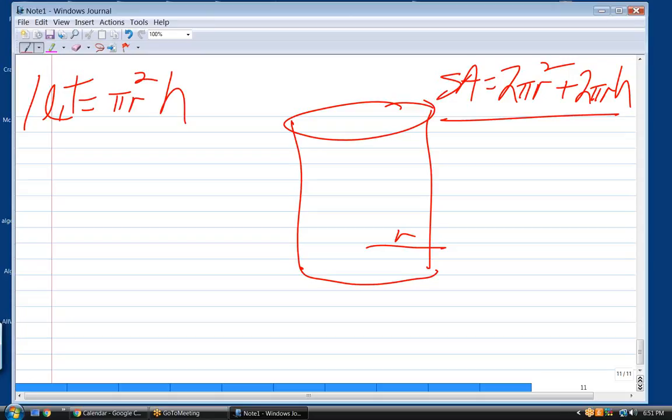Given, in other words, this is a little similar to the farmer with the barn and the corral. He had a certain amount of wood, and he wanted to build the biggest area he could with that amount of wood. Well, here we know we want a 1 liter can. It has to hold 1 liter. How do I minimize the amount of material used?